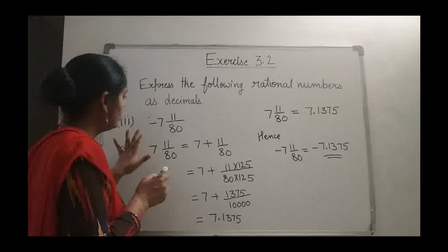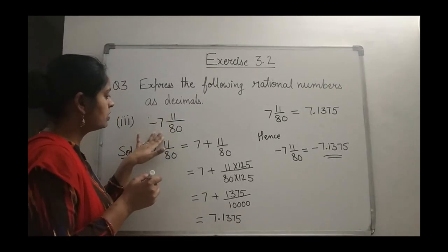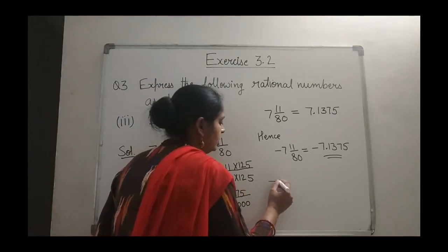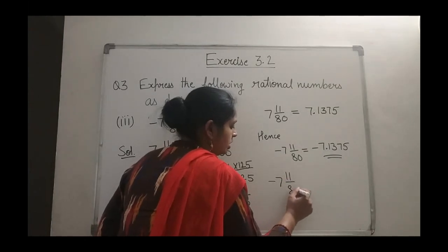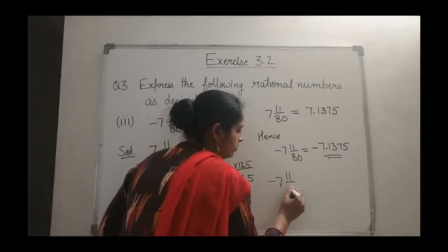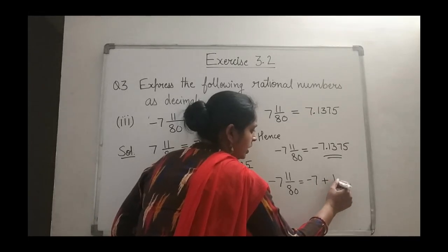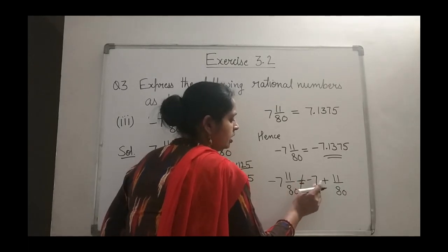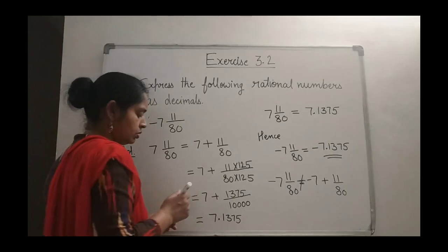Just remember, whenever we have a negative sign and a mixed number, you cannot write it like this: minus 7, 11 upon 80 is equal to minus 7 and plus 11 upon 80. This will be a wrong statement. Minus 7 plus 11 upon 80 and these are not the same. When you calculate, you can check it out.